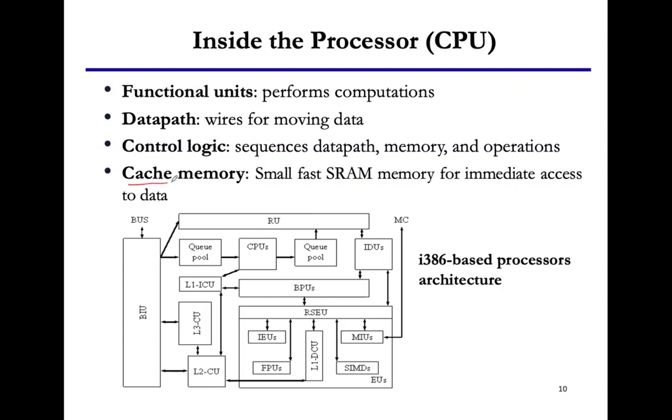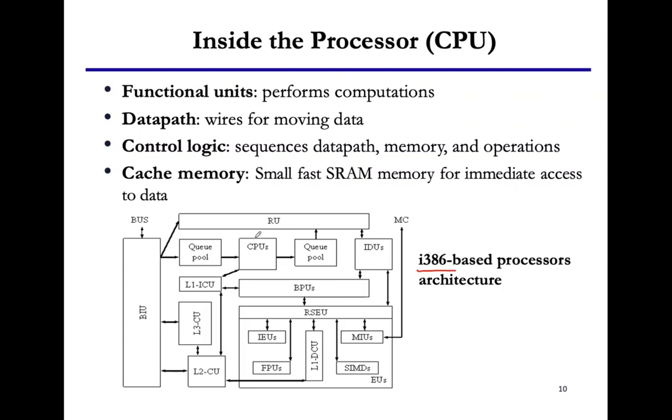We call it cache memory. This cache memory is a small, fast SRAM, static random access memory, for immediate access to the data.